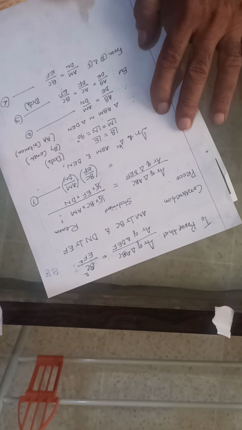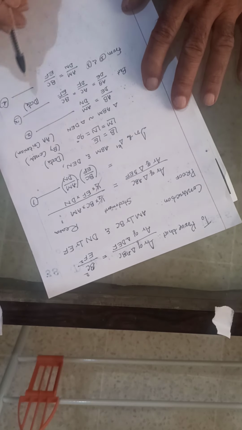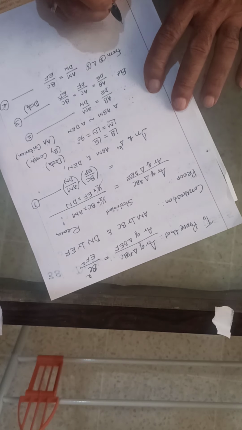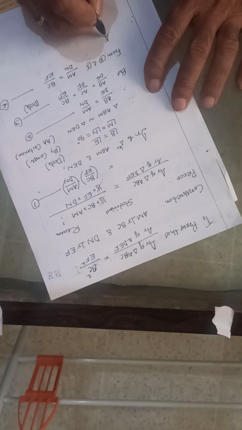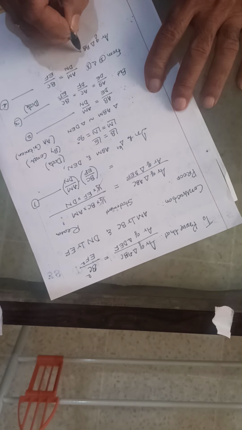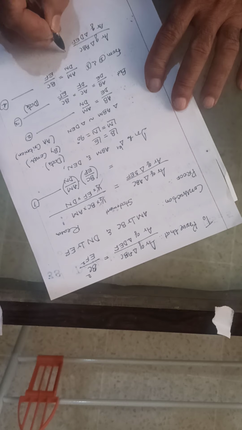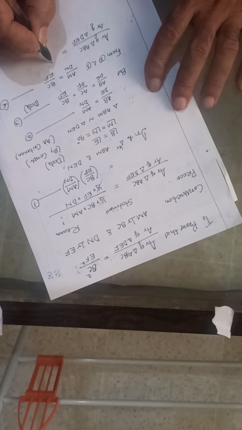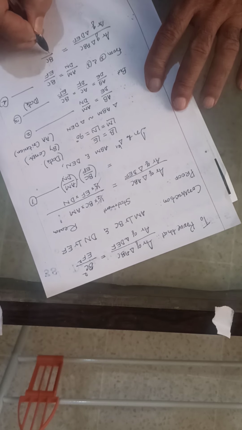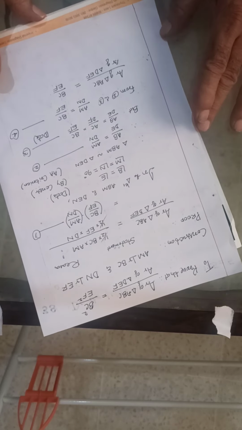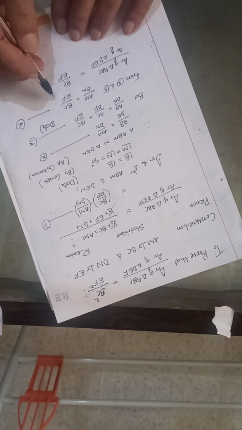Now, equation number 1 is already given. Replace AM over DN by BC over EF. Therefore equation 1 becomes area of triangle ABC over area of triangle DEF equals BC over EF into BC over EF.